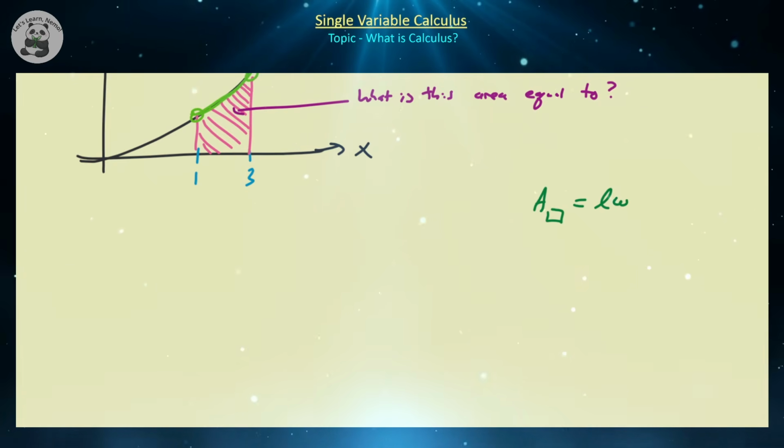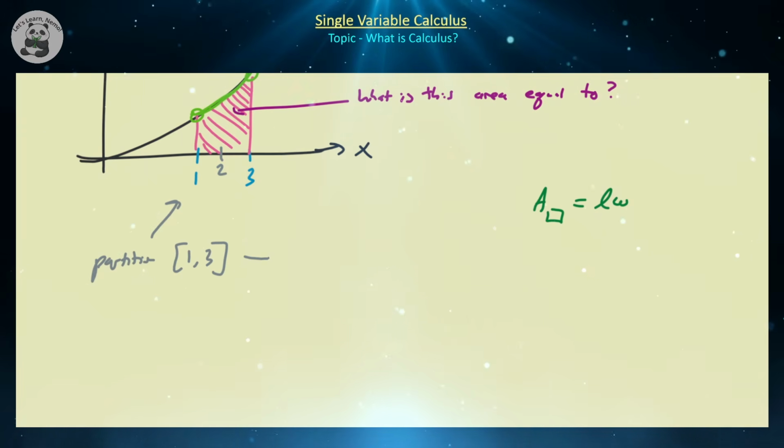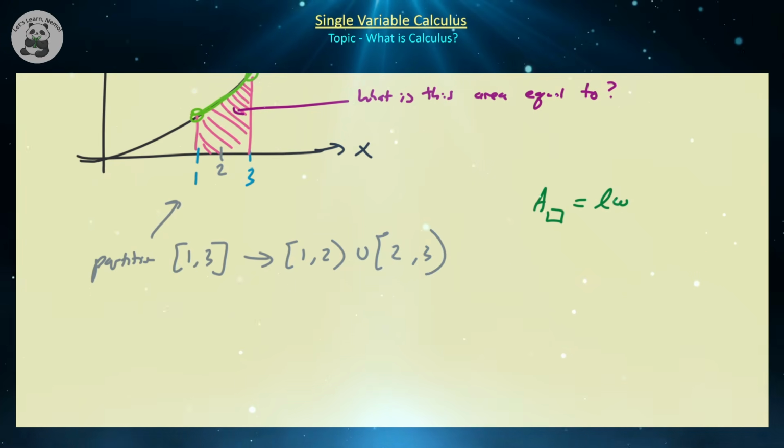That's just going to be equal to length times width, or length times height. So what I'm going to do is partition this particular area into two pieces. I'm going to consider the interval 1 to 2 and the interval 2 to 3. That is, I'm going to partition the interval 1, 3 into 1 and 2, union 2 and 3.